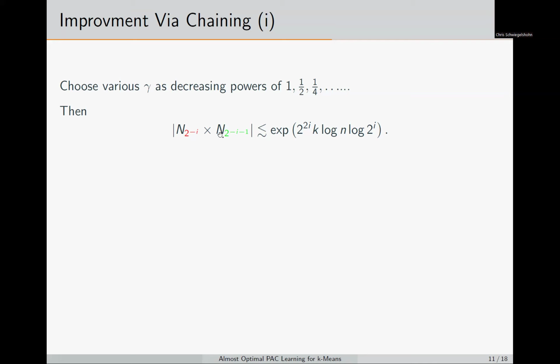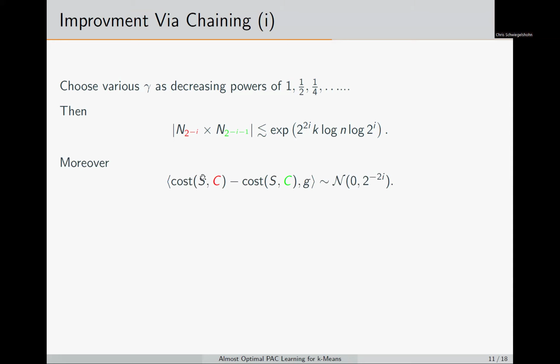The net size of the Cartesian product is not significantly different from the net size of just one of the two, and that is using the net that we already had, of the order of exponential in 2 to the 2i, k log n log to the 2i. So this 2 to the 2i is the important term here, and that came as a function of the granularity gamma that we now parameterized by various powers of 2.